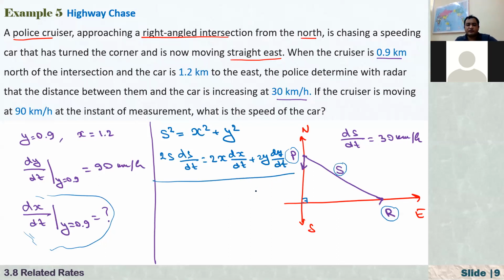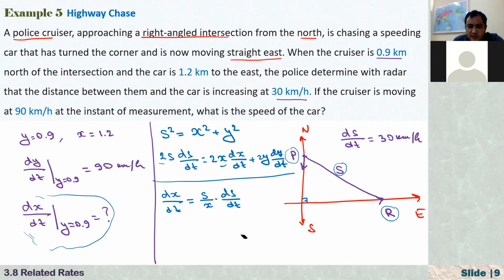Now if we divide everything by s and leave dx/dt alone, take the y times dy/dt term to the left-hand side, and then divide by x, we have s over x times ds/dt, minus y over x times dy/dt.